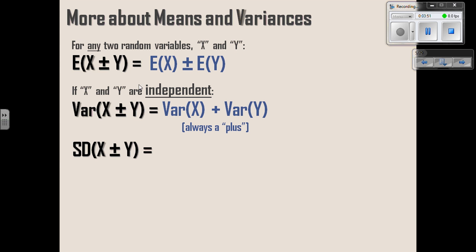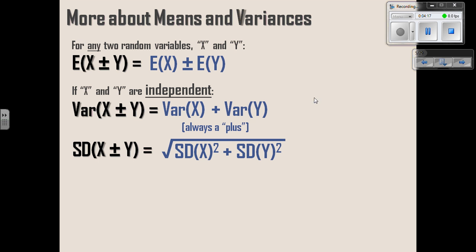One way to find standard deviation would be to find the variance first and then take the square root of it, and that works. But a lot of times we're not given the variances, so it's a little bit quicker to go straight to standard deviation. The formula for that is the square root of standard deviation of x squared plus standard deviation of y squared. Again, it's always a plus, even if it's minus over here. Okay? So those are the rules.